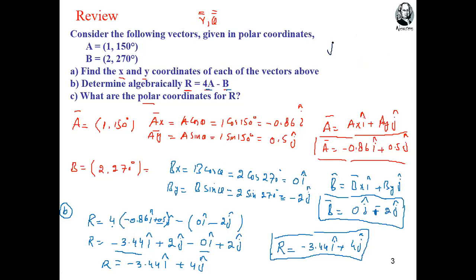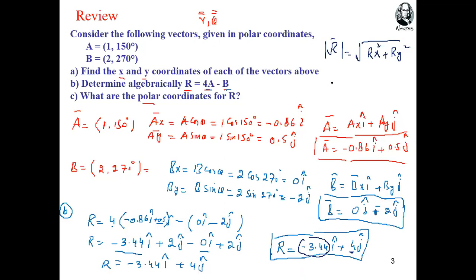R magnitude is equal to Rx component square plus Ry component square, where x component is minus 3.44 square, correct? Ry component is only 4. So square this one, take square root, this is R magnitude, length or size.